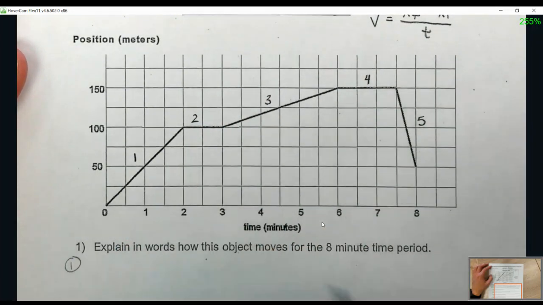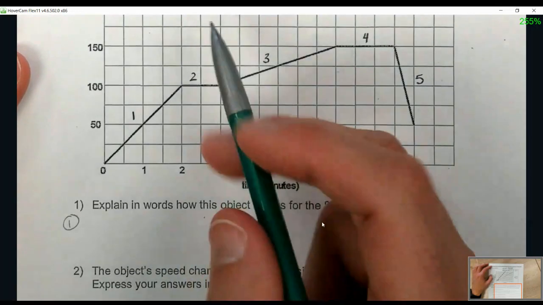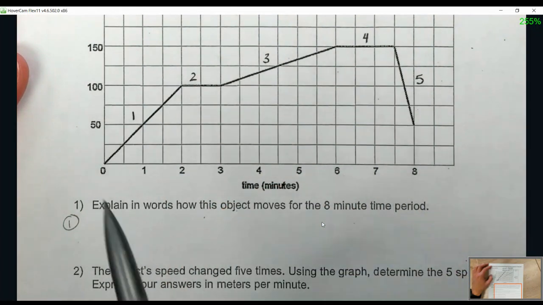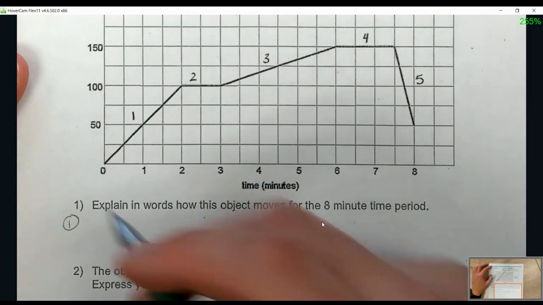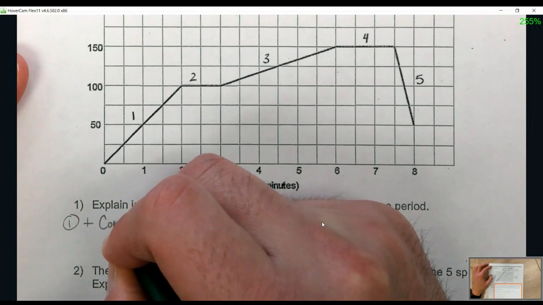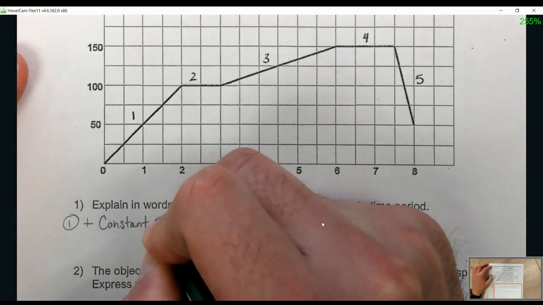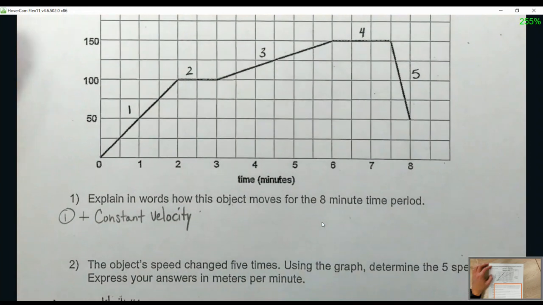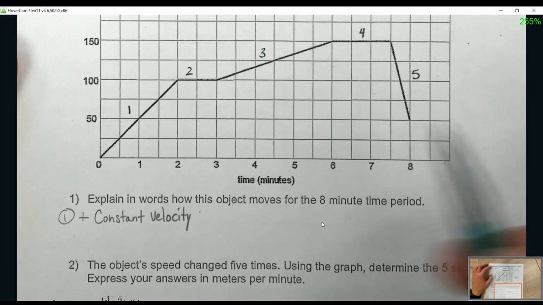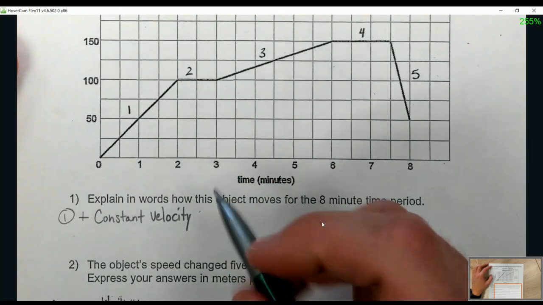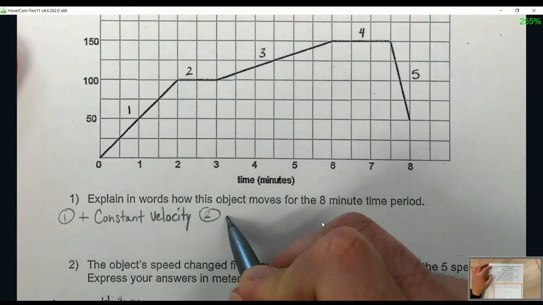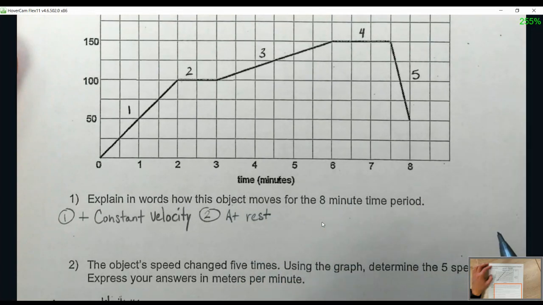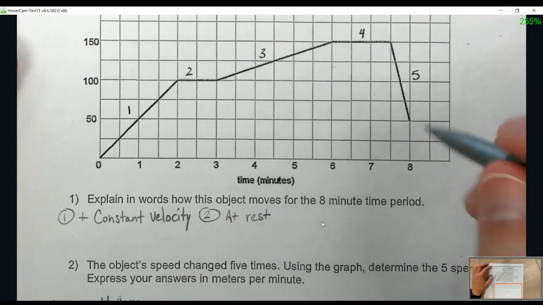In line segment 1, you're going to write this, 1. Are you moving at a constant velocity in line segment 1? Yes. Is it positive or negative? Positive. So we're going to write positive constant velocity. Good. Line segment 2, are you moving? No, line segment 2, you're not moving. So we're going to say that you are still, at rest. It's usually basically what we're saying when we're saying not moving.